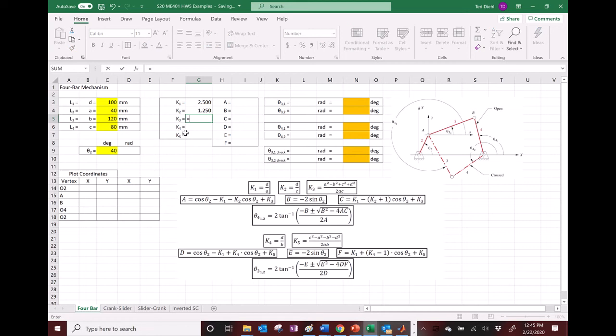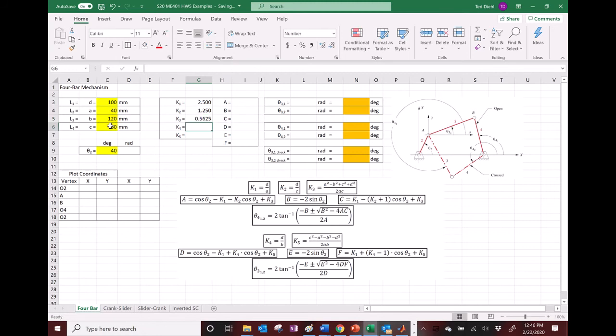K3 is equal to the quantity of A squared minus B squared plus C squared plus D squared, all divided by the quantity 2 times A times C. Kaboom.